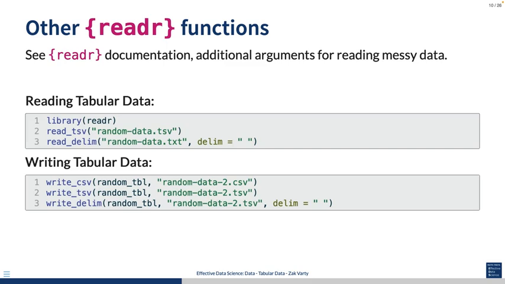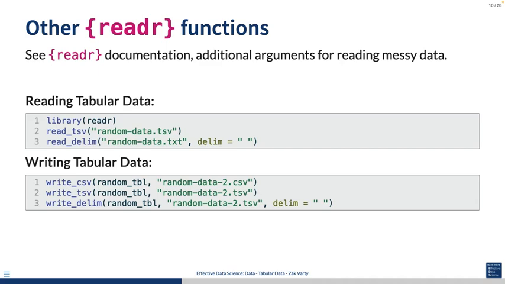So if we're reading in tabular data, we've got equivalent read functions for TSV files that work in exactly the same way as a CSV. But we've got a more general function called read_delim, which can read in any delimited file. This might be where entries are separated by a space, a tab, a colon, whatever you like. You specify the delim argument to say what is separating your entries within each row.